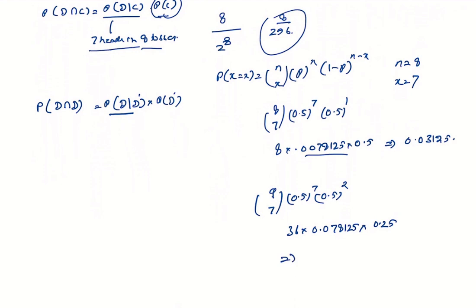So this whole number is now 36 times 0.0078125 times 0.25, that is going to be 0.0703. And using the same formula, we can calculate all these probabilities and then add them up.